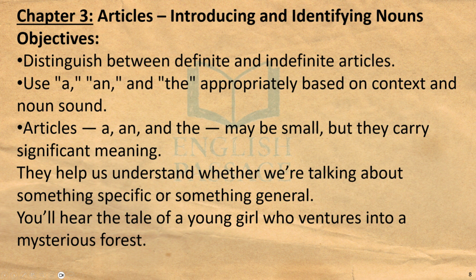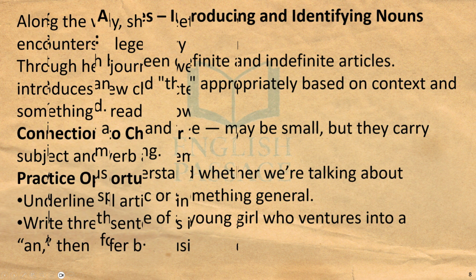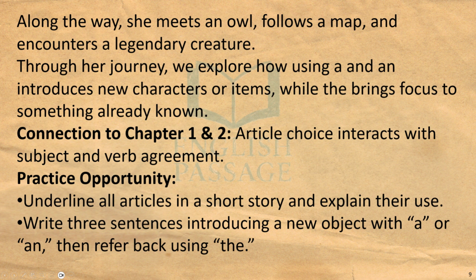You'll hear the tale of a young girl who ventures into a mysterious forest. Along the way, she meets an owl, follows a map, and encounters a legendary creature. Through her journey, we explore how using a and an introduces new characters or items, while the brings focus to something already known.